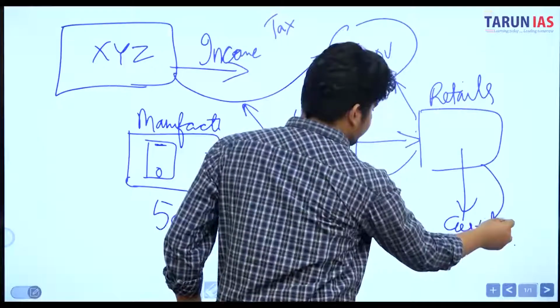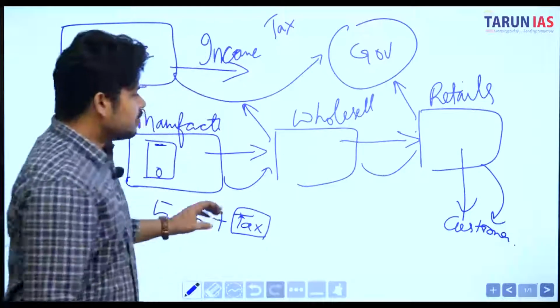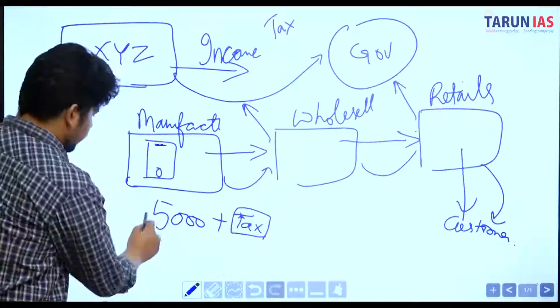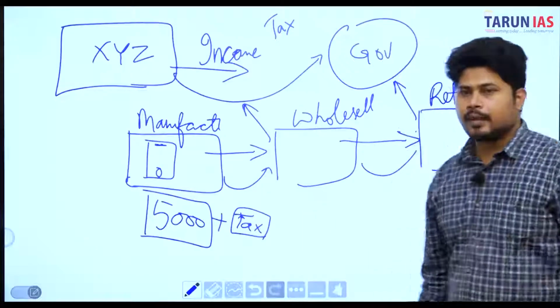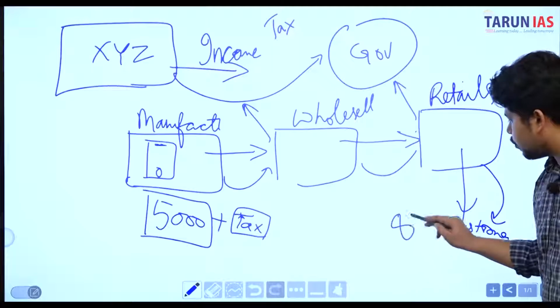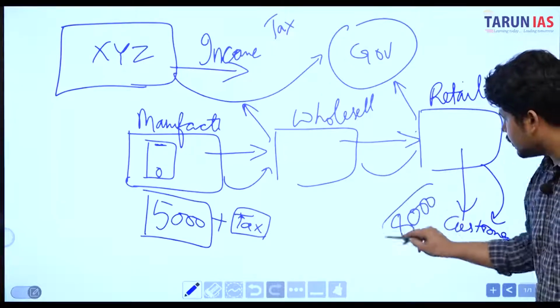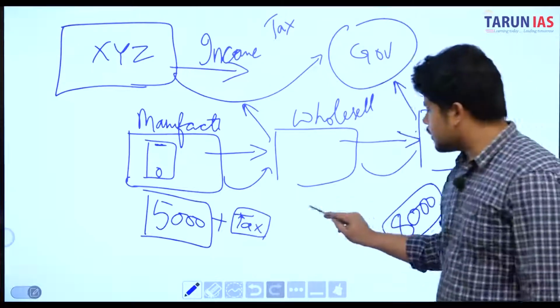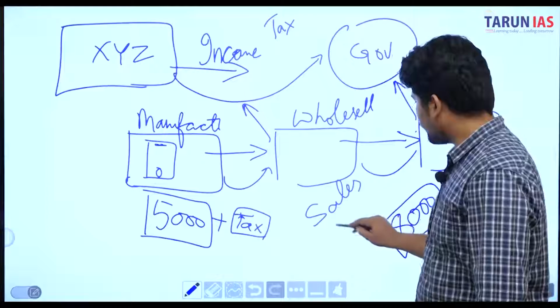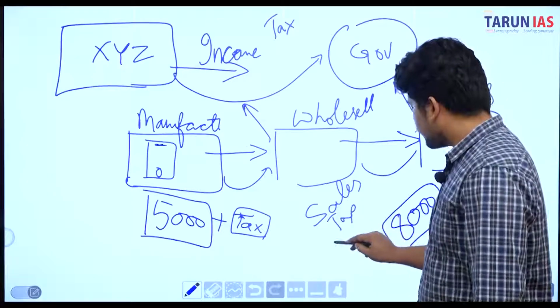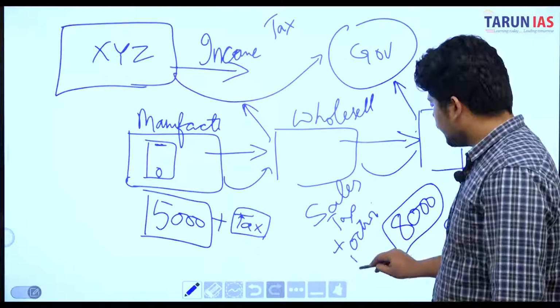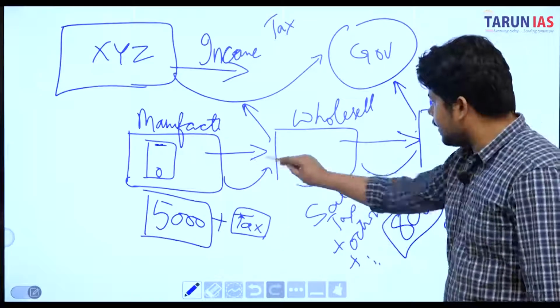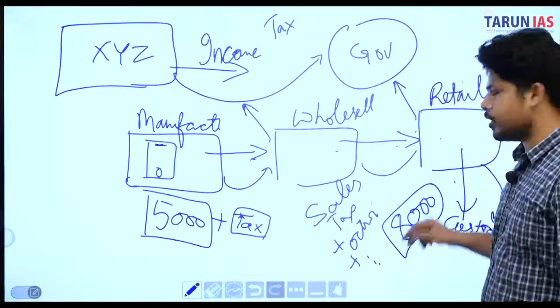And then the customer. The original value of the good was rupees 5,000, but the customer purchases it for rupees 8,000. Why? Because of sales tax, taxes like octroi, and all such taxes have added up in the value chain.